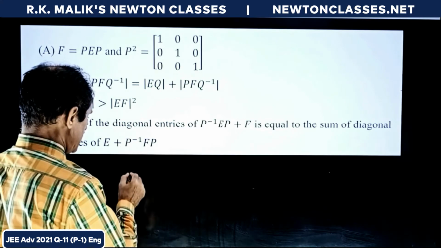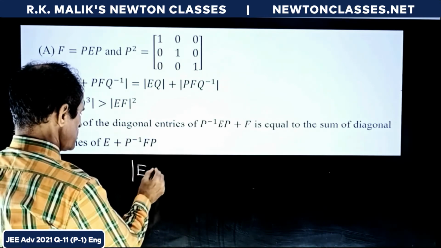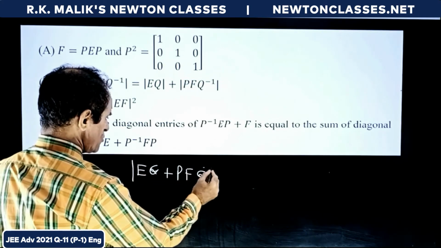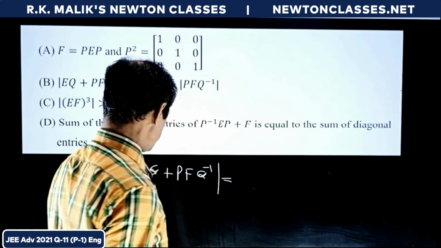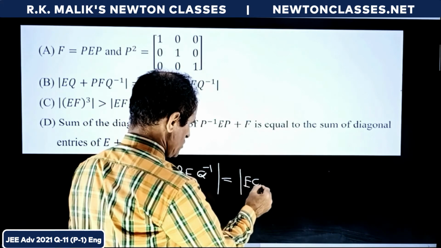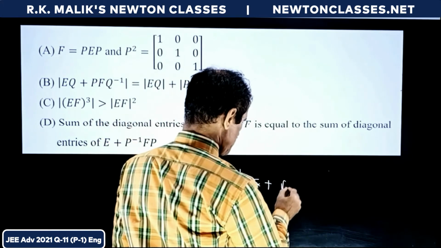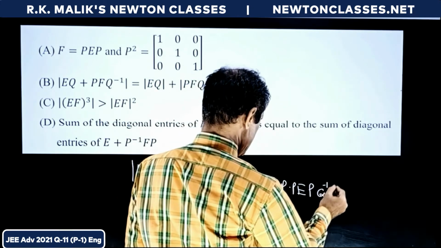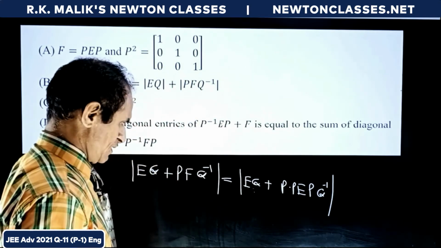For choice B, left hand side is EQ plus PF Q inverse equal to EQ plus P into Q inverse, putting the value of matrix P.